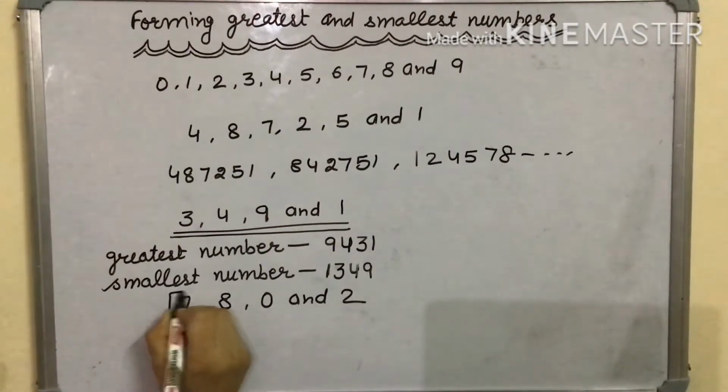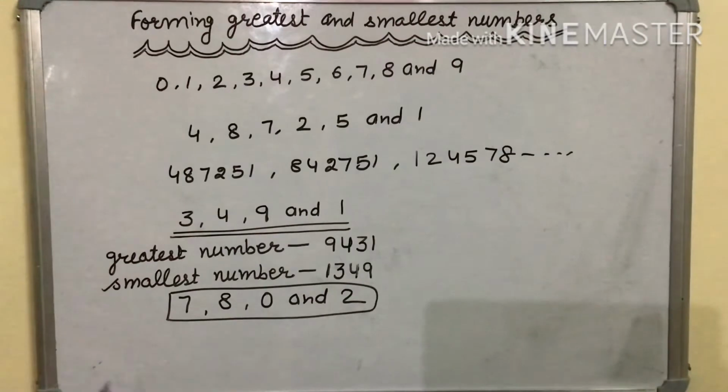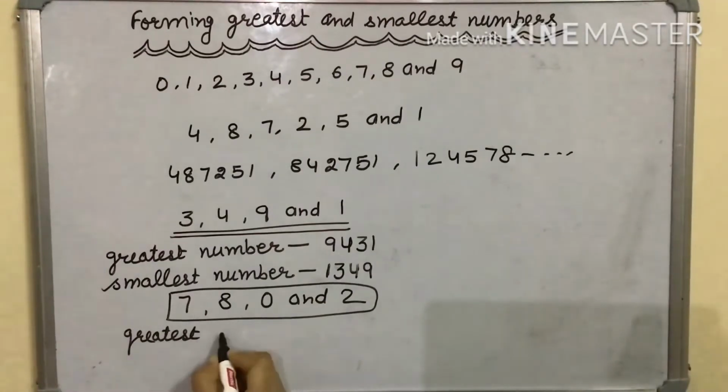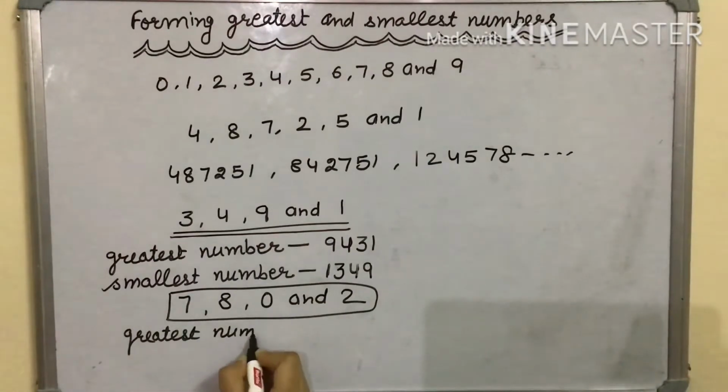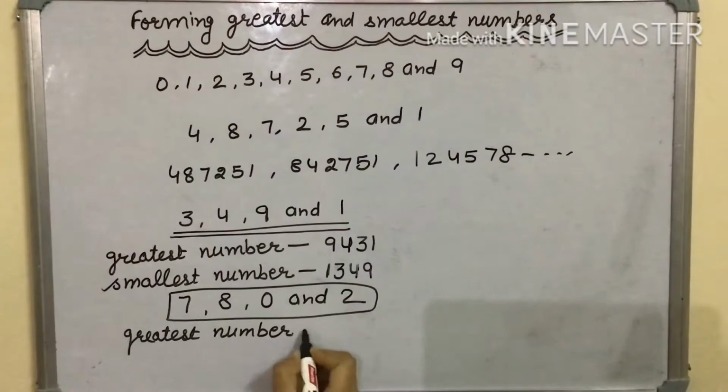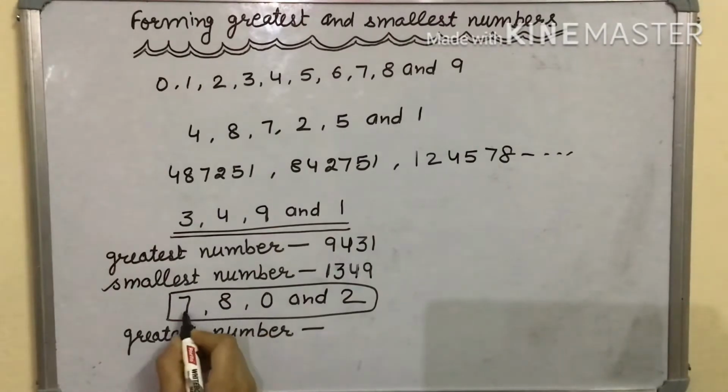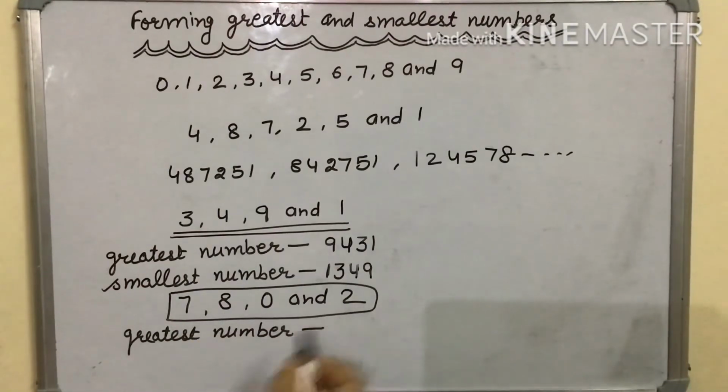If we are given 7, 8, 0 and 2, and we have to find the greatest number, we will write the digits in descending order. Here 7, 8, 0 and 2.